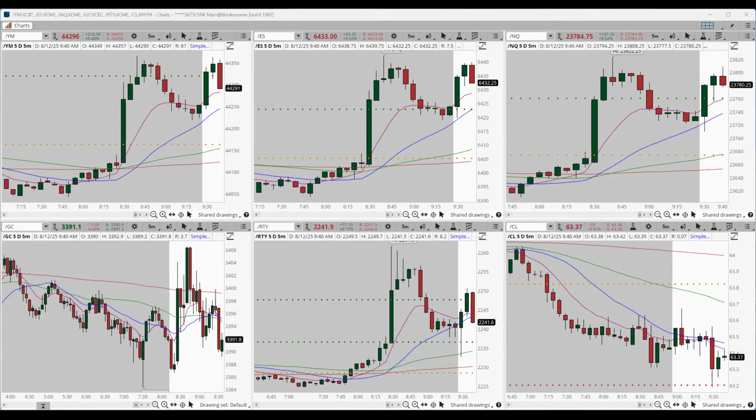Meta's leading the Mag 7 with 2.8%, Google 1.4%, Microsoft closing in on 1%, Tesla 0.5%, and then Apple, Amazon, and Nvidia into the break-even zone. Okay, no changes to the trade so far.